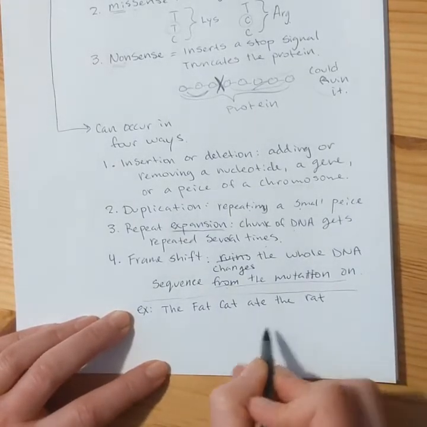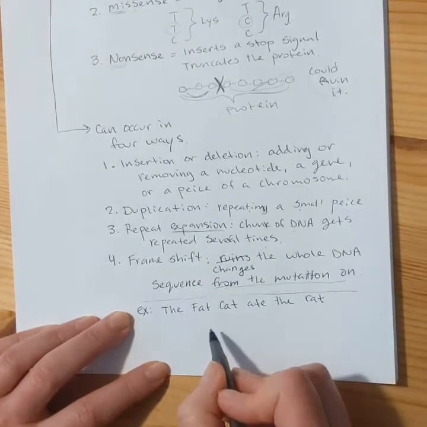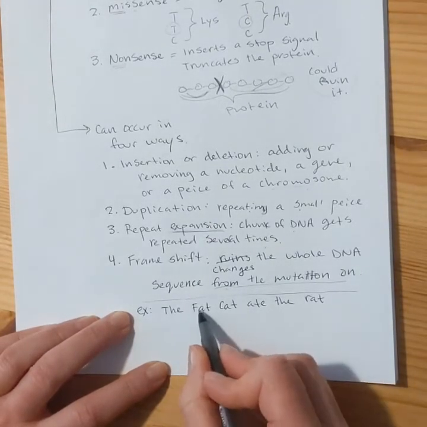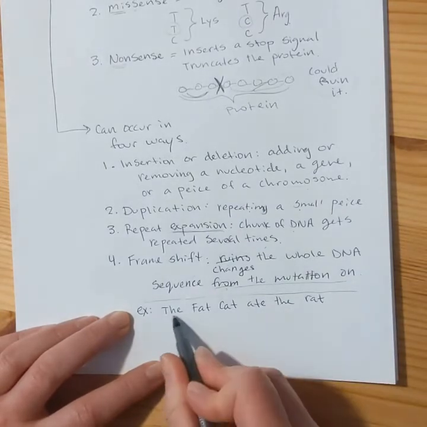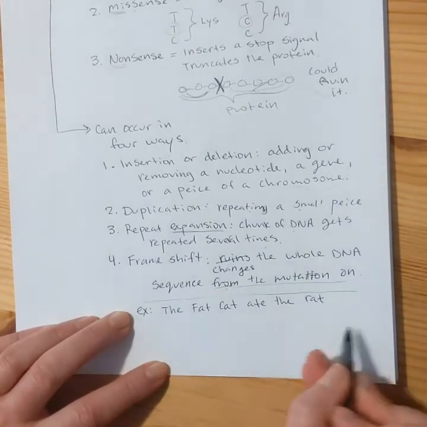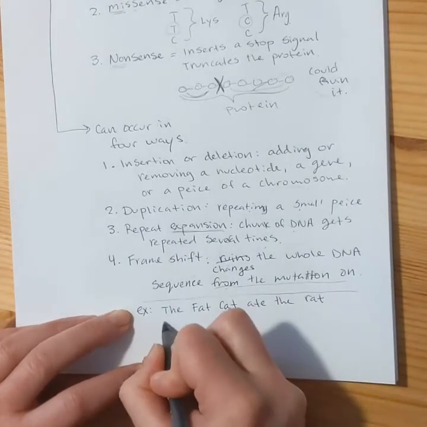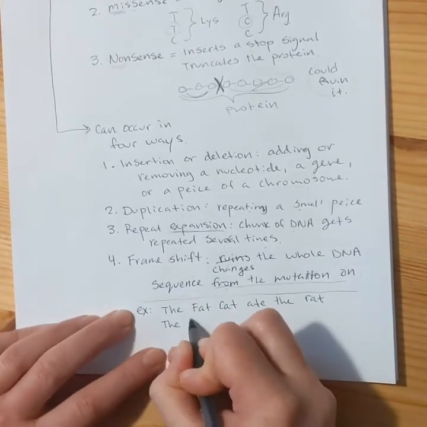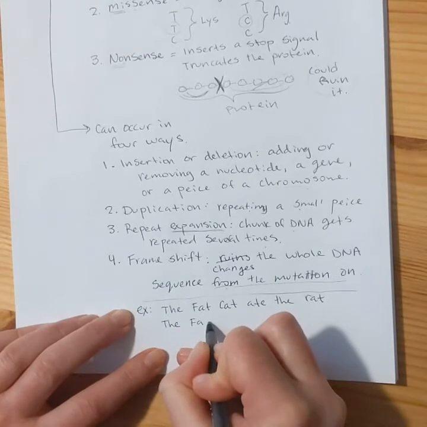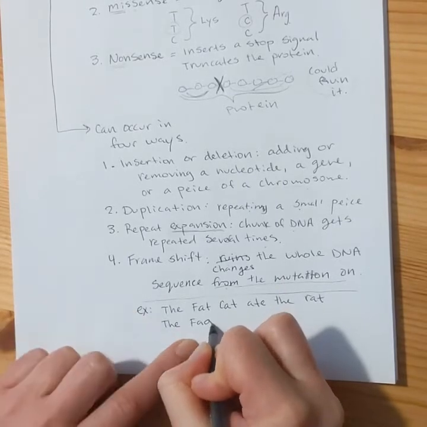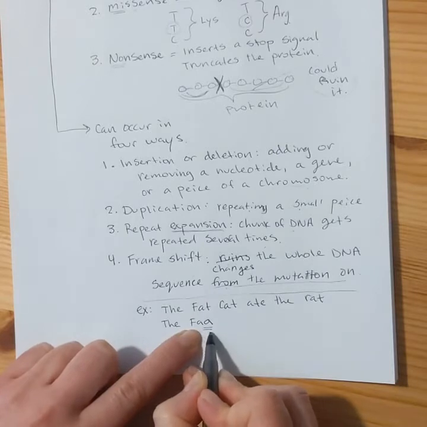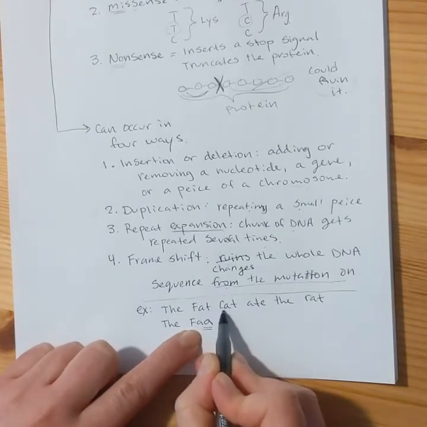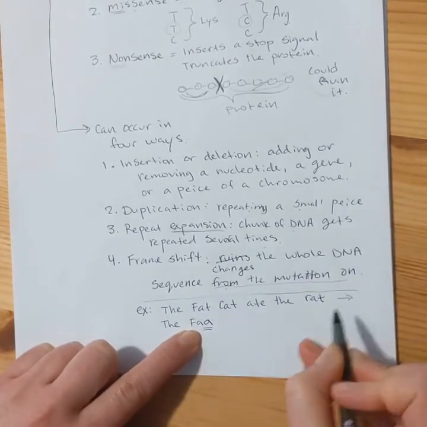If I had a frameshift mutation, I would be doing an insertion or a deletion, and it would change the whole scheme of my sentence from the mutation downward. So for example, the fat, and then I'm going to insert a nucleotide. So this is my mutation right here. I've inserted a nucleotide. That pushes the rest of my sentence down.